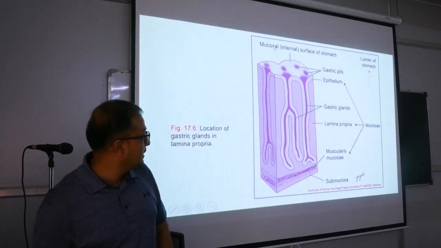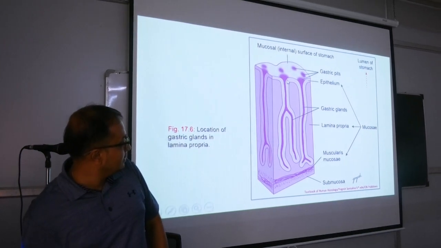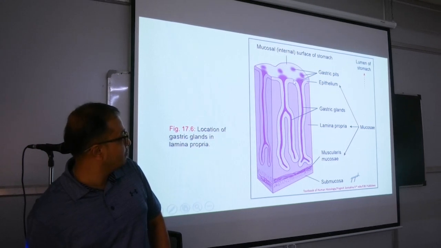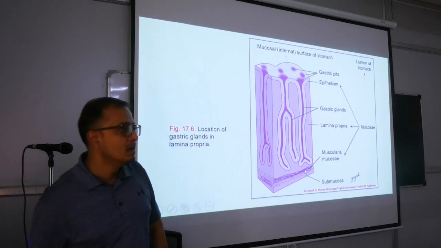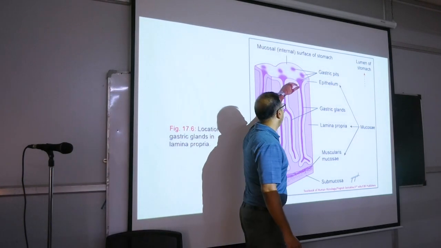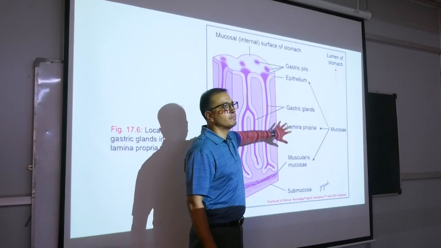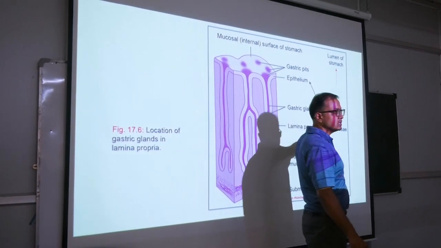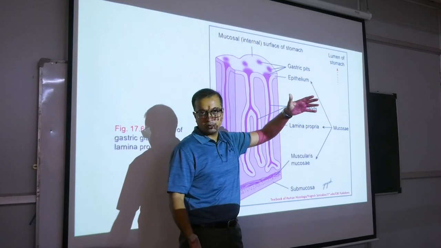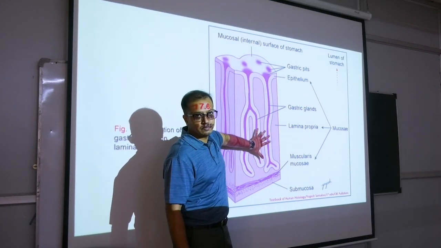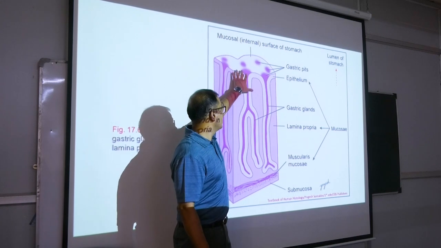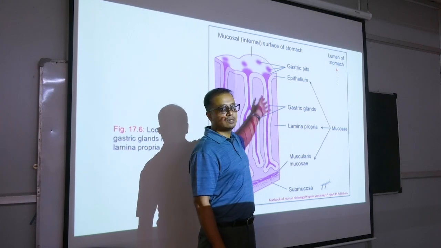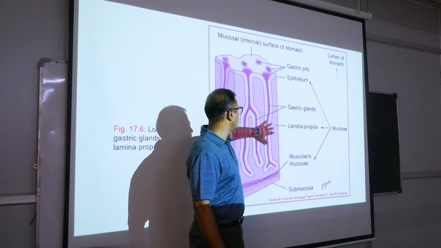The remarkable feature in this region is that between the surface and the muscularis mucosae there is a widely expanding area, the lamina propria, which is quite extensive. The reason it is extensive is that in this region we find glands. We call them gastric glands, because it's a stomach.